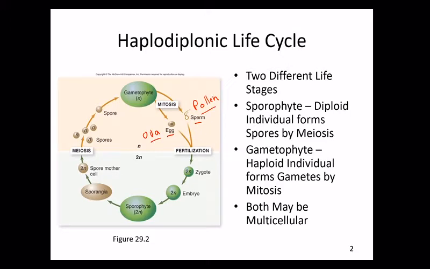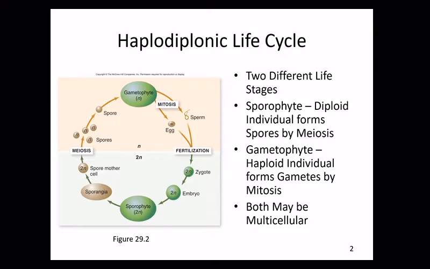With plants, rather than living most of the cells in a diploid form, they're able to flip back and forth between the diploid stage and the haploid stage. When we look at the plant life cycle, we would say they have a haplodiplontic life cycle.